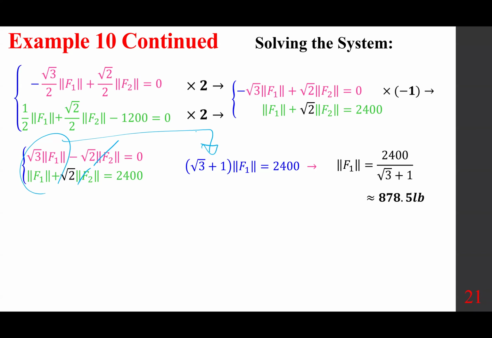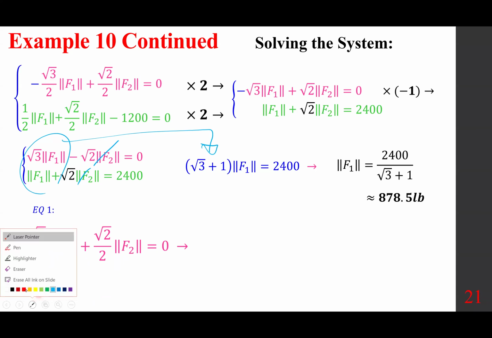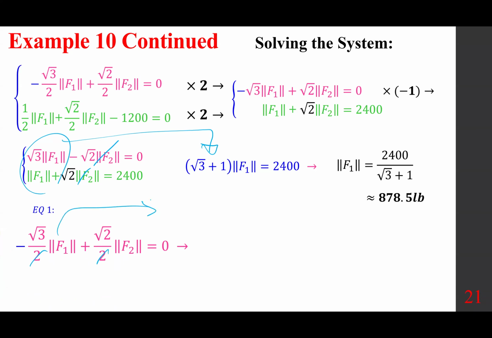Then you use either the first or second equation. You always go to the original one, nothing in between. Maybe we made a mistake. So if you go to the first one and replace, and notice, first of all, again, we can drop the 2, right? This, if you take this to the other side and divide it by square root of 2, you get magnitude of F2.